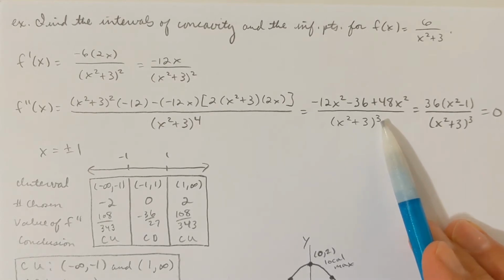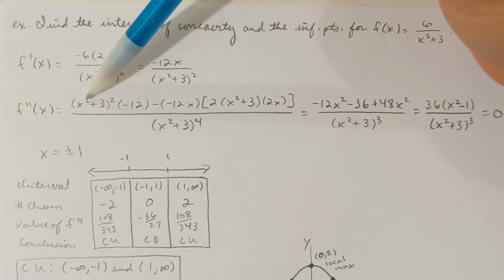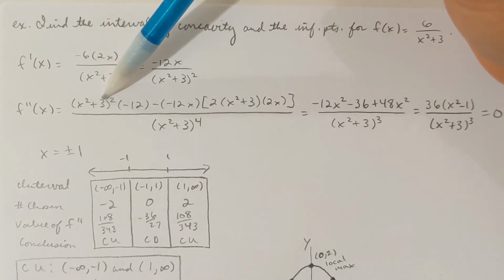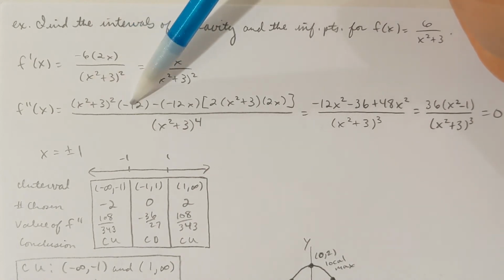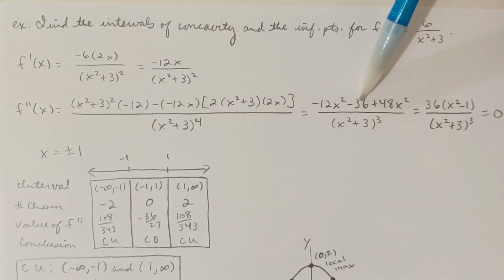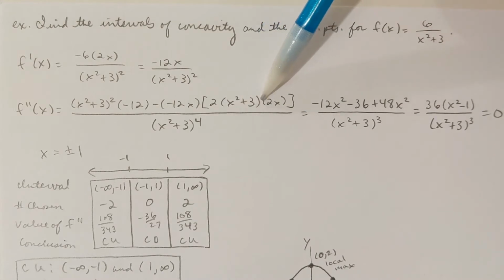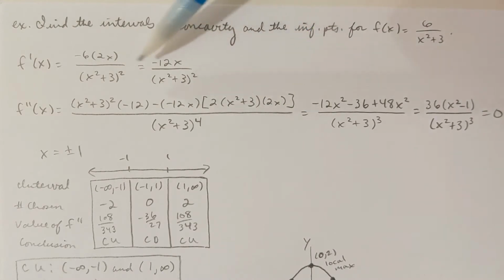Okay, now what's left over in the numerator would be, I'm still going to have another x squared plus 3 times negative 12. Well, that's going to be negative 12x squared minus 36. In the second group, this x squared plus 3 has already been factored out and canceled.